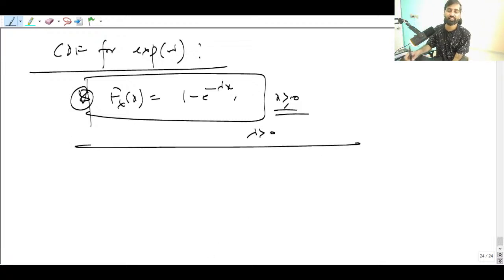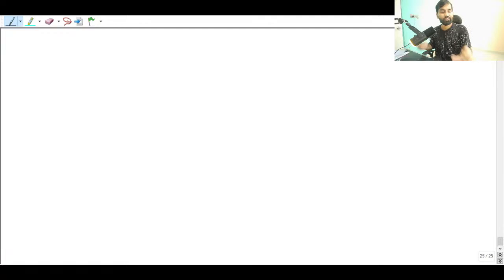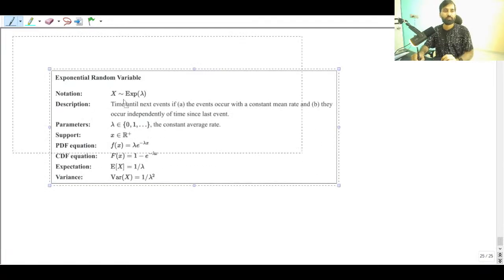These are the results that you have to always keep in mind. I'm just going to show you everything in summary. For an exponential random variable, what are the things you have to remember? In the GATE examination, you don't have to waste much time on computing.